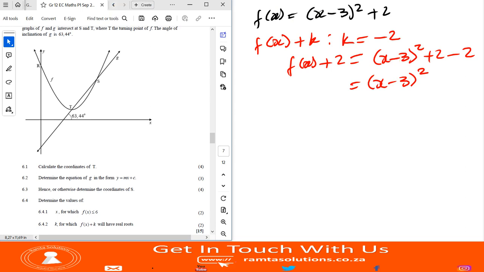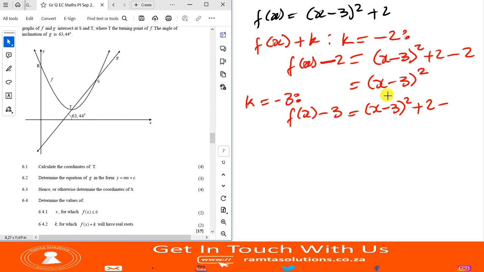Minus 3 would do, the closest. This is where k is equal to minus 3.